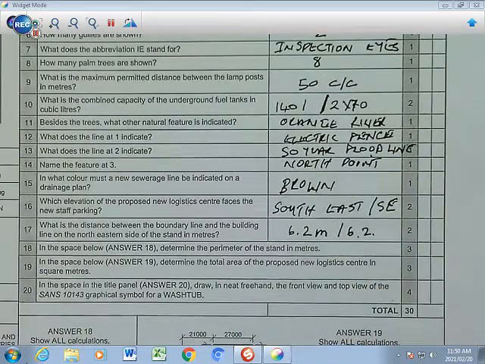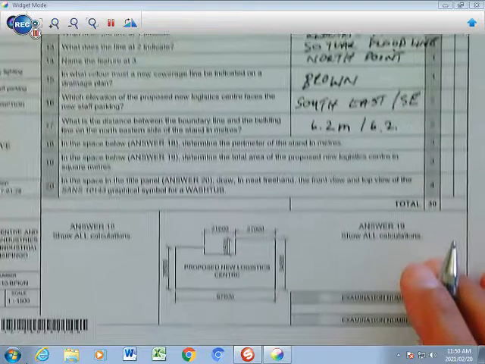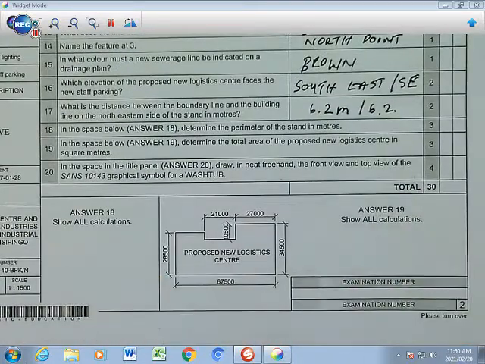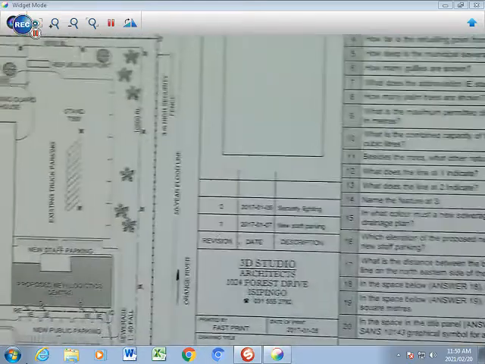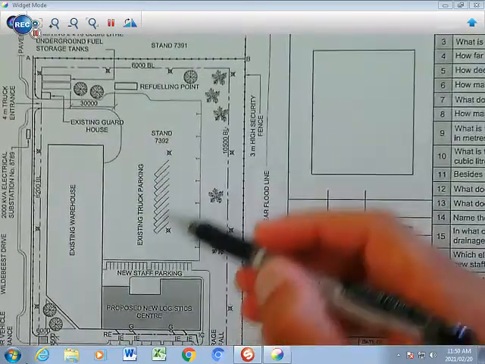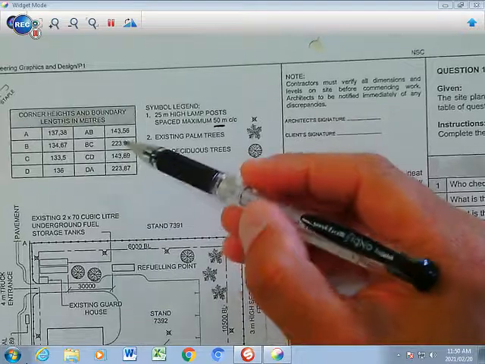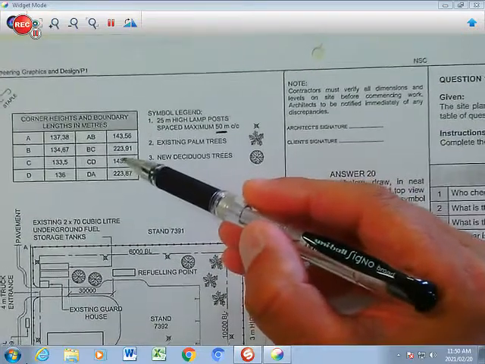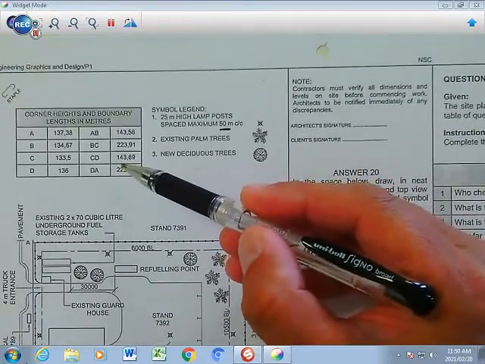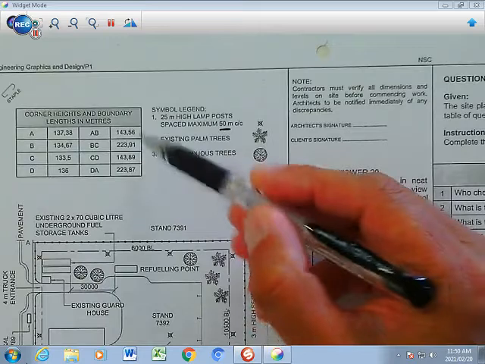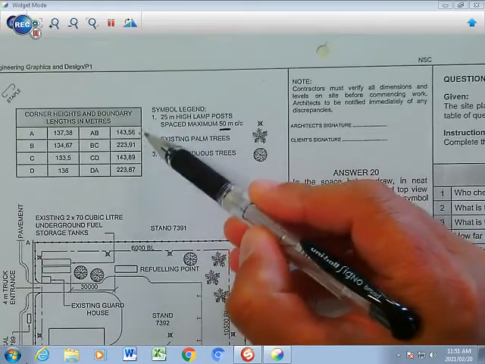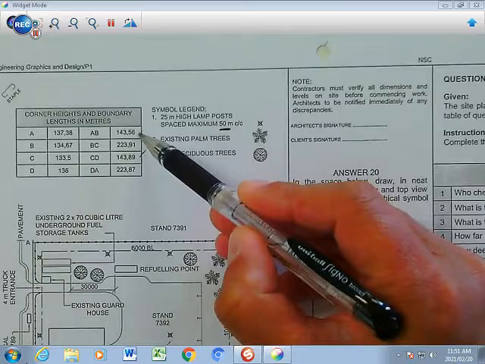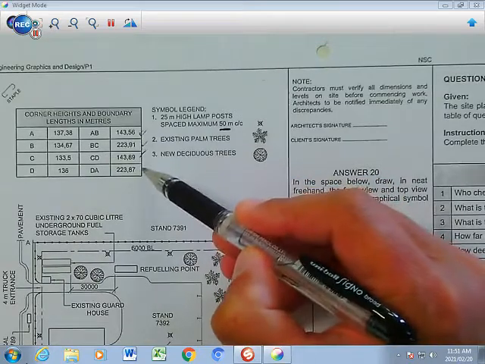Number 18, in the space provided here, you need to calculate the perimeter of the stand in meters. So you're going to go back to your stand, there's your stand, and you're going to find your meters, A, B, B, C, C, D, D, A in this surveyor's diagram over here. You're going to find that 2 of them are the same, shorter sides, and 2 of them are the longer sides.